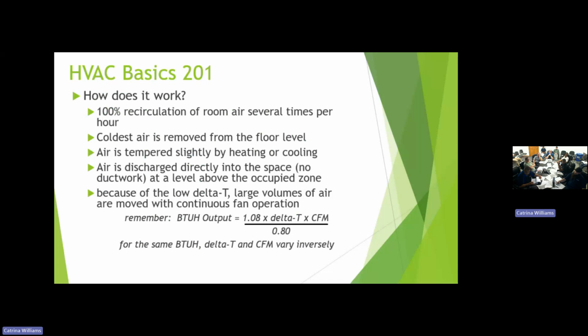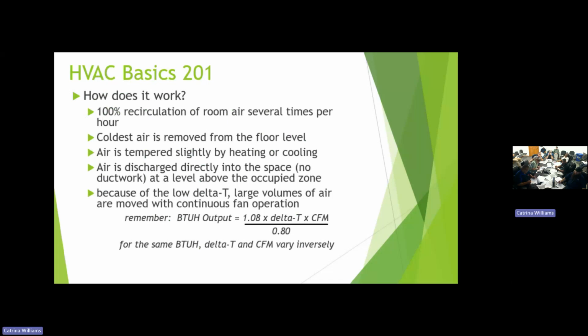And the same thing for cooling. Quite often the design is you want a 20-degree drop across the coil. We're probably closer to a 15-degree drop instead of 20, because cold air is hard to move. A little bit warmer helps us move that air around the room easier, so that it doesn't sink so fast. So that's an important term to remember, that we slightly heat it or slightly cool it.